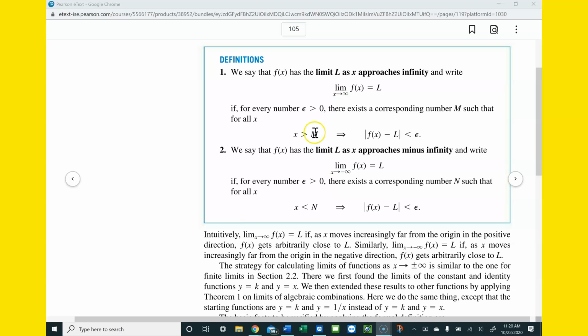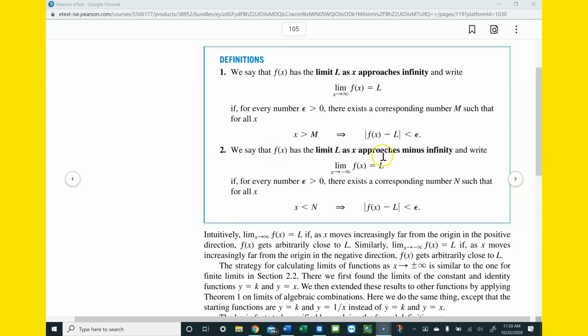And you say, well, I bet you I can find another even bigger value for m, that as long as x is bigger than that m, then the difference between f of x and that limit value is even less than a trillionth. And you can always imagine smaller numbers for epsilon, which means you have to imagine larger numbers for m, and that can always be the case. And that's what an infinite limit is about.